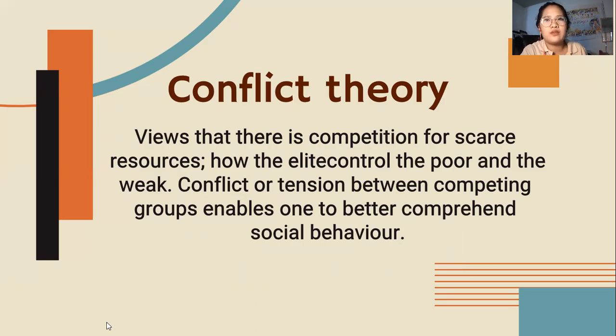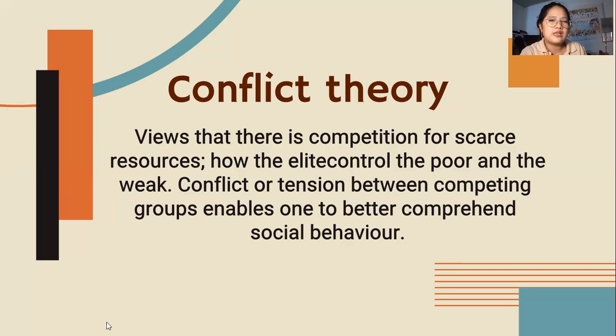Then we also have the conflict theory, that there is competition for scarce resources and the elite control the poor and the weak. The conflict or tension between competing groups enables one to better comprehend social behavior. As the competition arises, as the tension arises, you get to see how people would operate, would act in a particular situation, revealing the social behavior that they have.